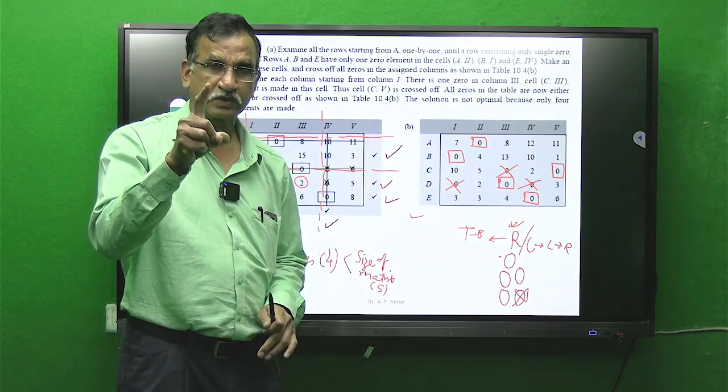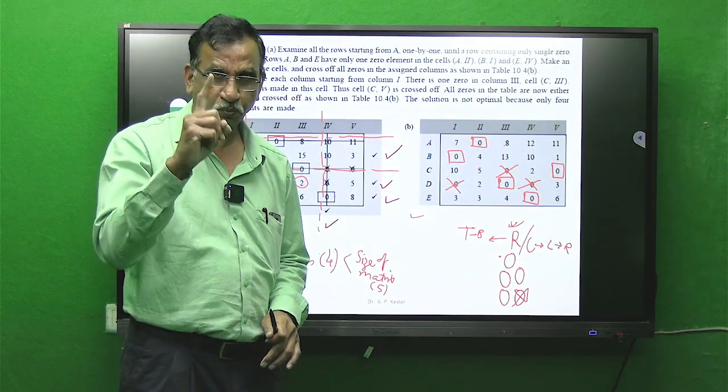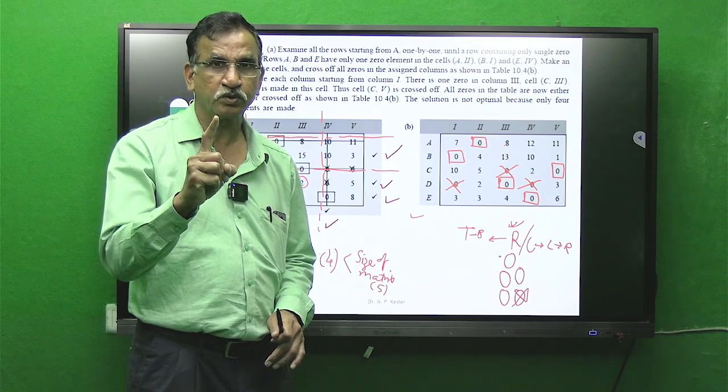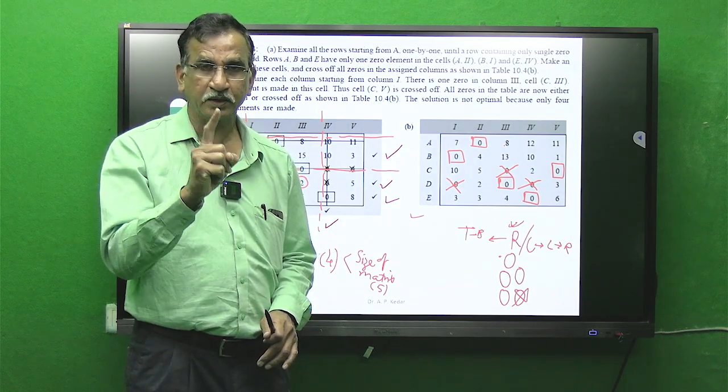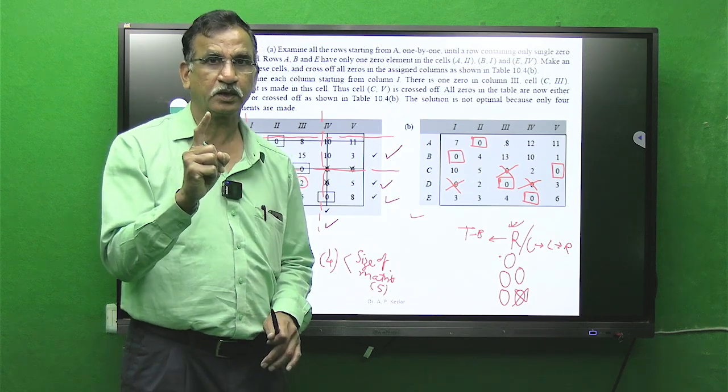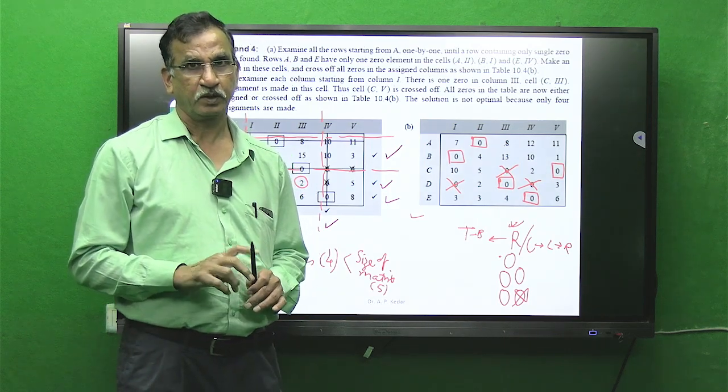Each row has 1 assignment, each column has 1 assignment, which ensures it is a one-to-one assignment, that is one related job to one related manpower facility.